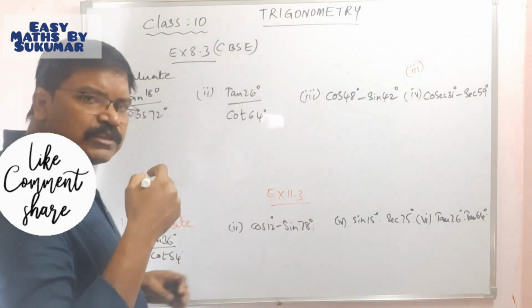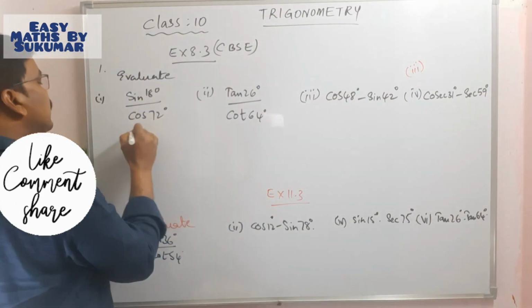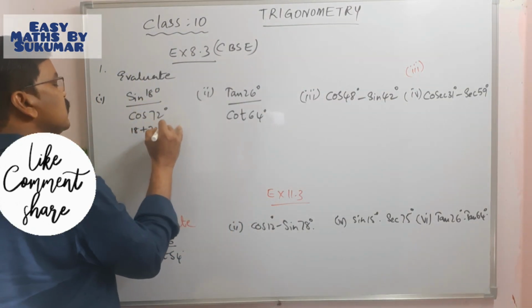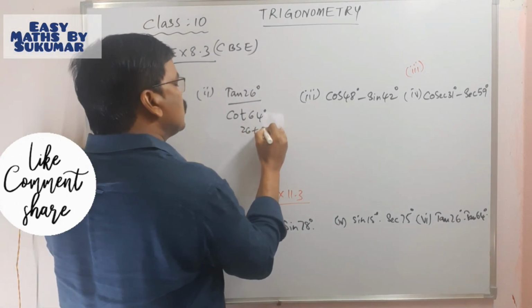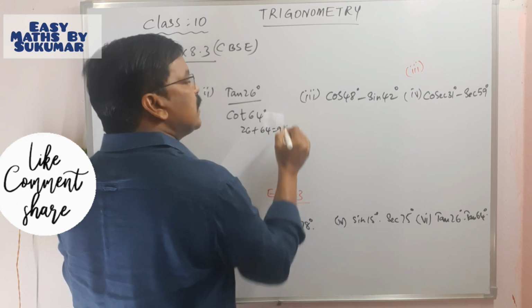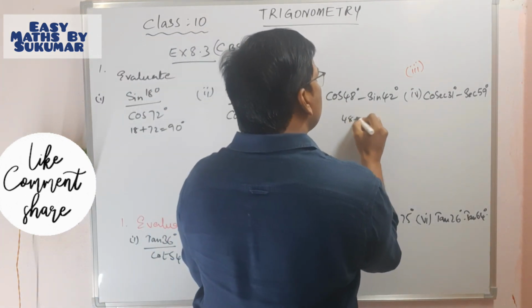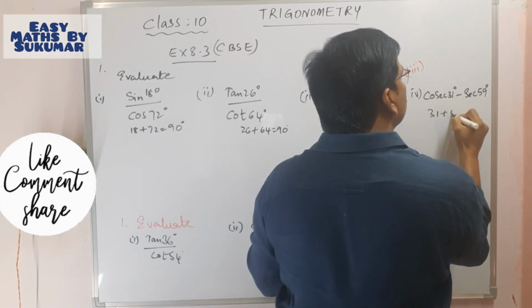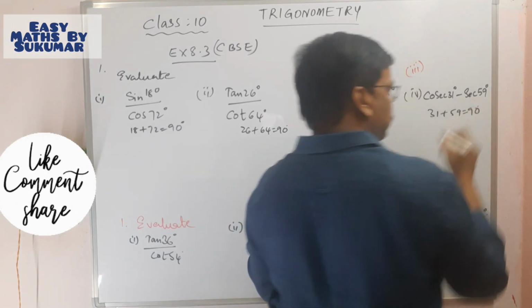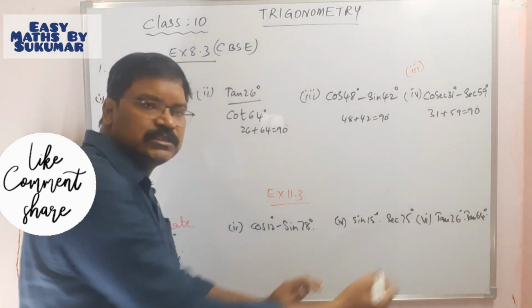So you can check here, my dear students, 18 plus 72 is equal to 90 degrees. Here also 26 plus 64 is equal to 90. Here also 48 plus 42 is 90. 31 plus 59 is also 90. Even you can check these angles also.